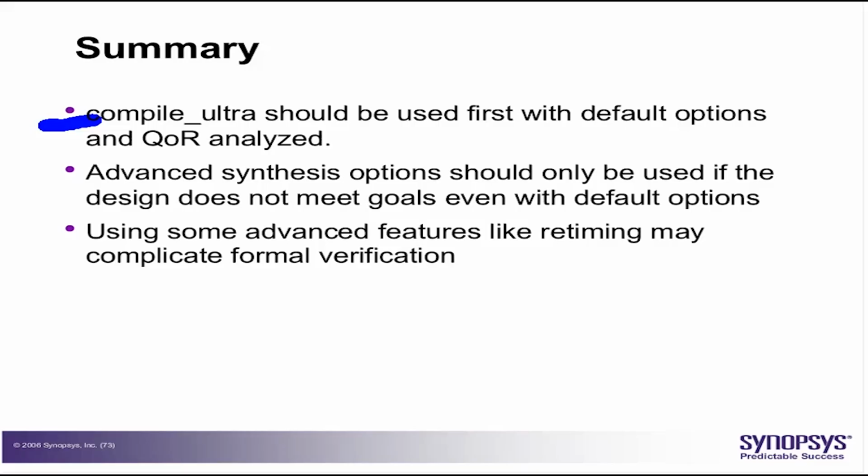So you can use such options. You can go through the DesignWare literature, and there will be a DW mult, a DW mult pipe, and so on. But please note that all these advanced features, like retiming or sequential output inversion, will cause Formality issues. So you have to make sure that you are well versed with how to solve these beforehand.